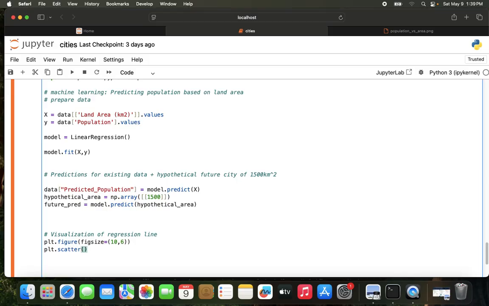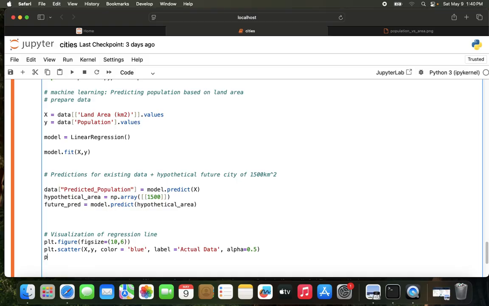So this is more low level compared to the seaborn scatter plot that we used in the previous tutorial. So we pass x, y, and then let's have some styling, color set to blue, and then label, actual data, and then alpha, which is the transparency of our plots, 0.5, so more like opacity if you like.